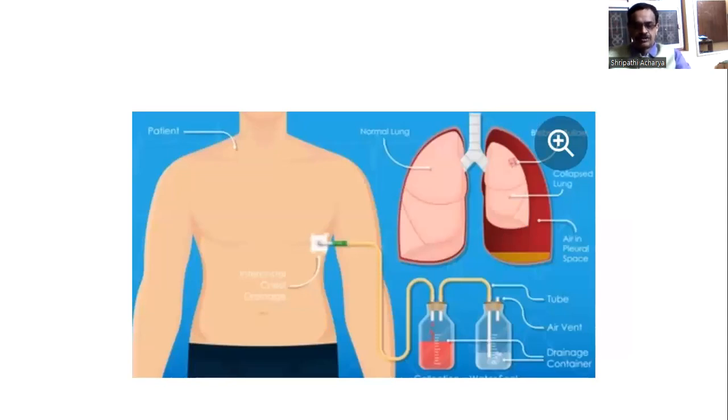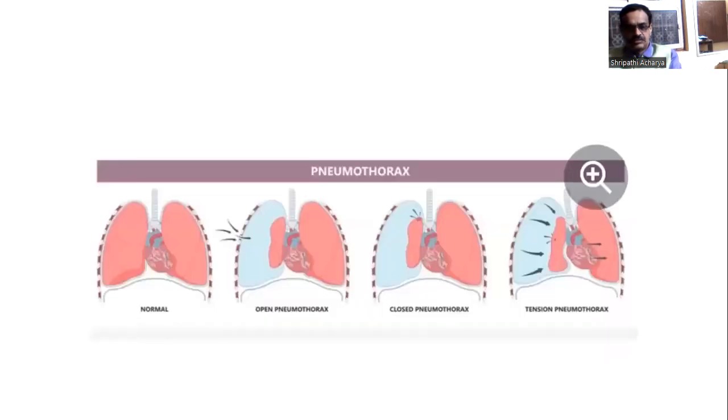See where it is tapped. Here is the close area of tapping. And on the left side, you can see pleural effusion. The normal lungs, and in the second picture there is a pleural effusion on the right side, right lung. The other one also has right side pleural effusion.